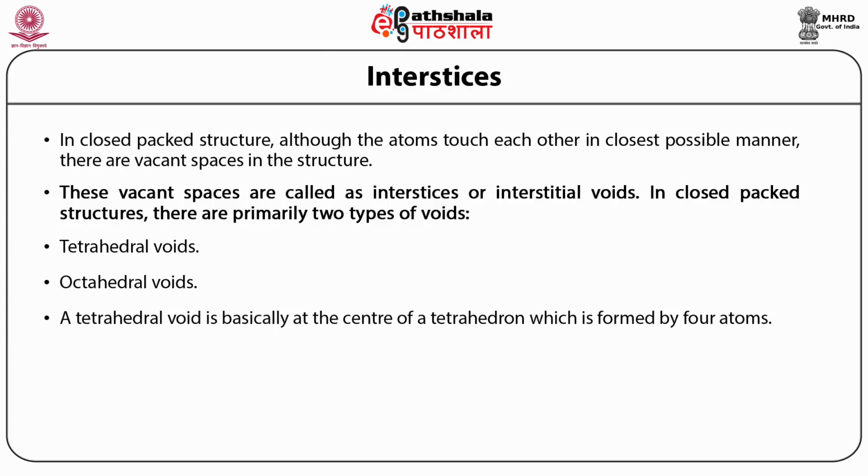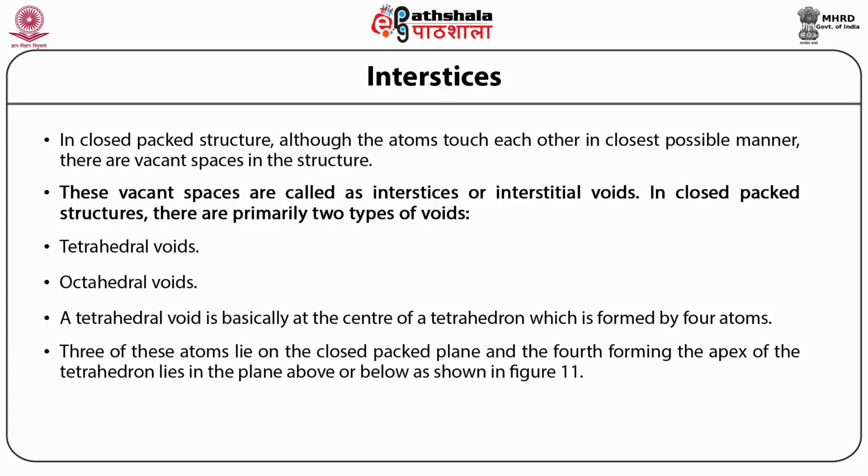A tetrahedral void is basically at the center of a tetrahedron which is formed by 4 atoms. 3 of these atoms lie on the close packed plane and the 4th, forming the apex of the tetrahedron, lies in the plane above or below as shown in the figure.